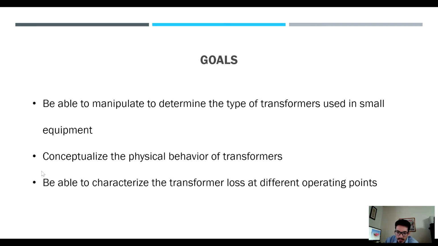Evidently, we are not going to learn all the content for designing the transformer, but we do want to understand how they work, how to size them, and build an intuition of which transformer should not be used for a certain application.